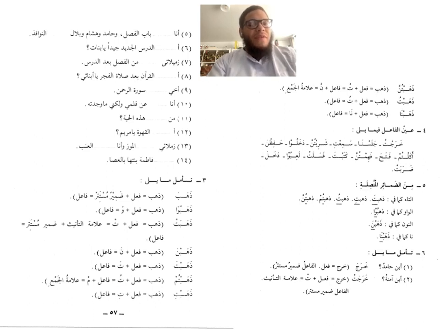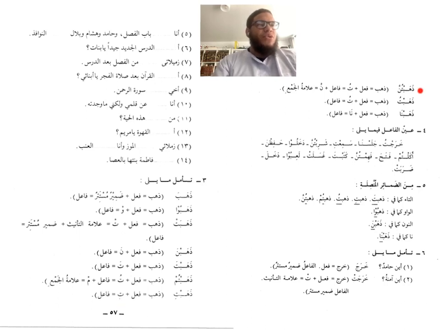So tum together is the damir plus alamatul jam', the pronoun plus the sign of plural. So meme serves as the sign of something being plural when you're conjugating the verb. So that's for antum, okay? Antum, all of you guys. And dhahabti for anti, that ta represents anti, the fa'il right here, anti, okay?